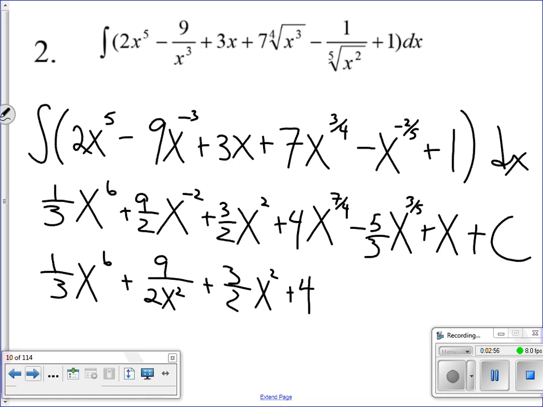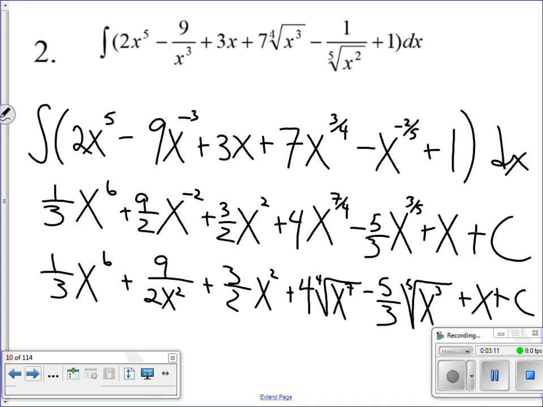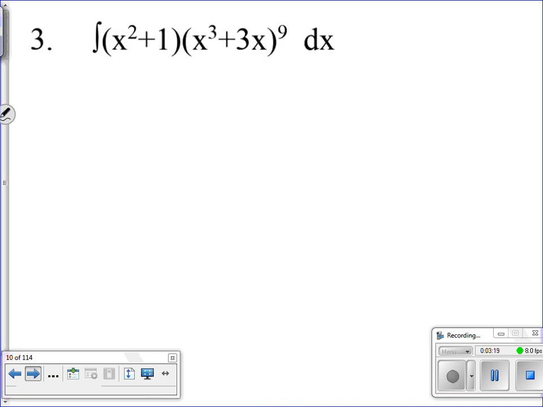It should be 4 times the 4th root of x to the 7th minus 5/3 times the 5th root of x cubed plus x plus c. But you do not have to write your answers on the test without fractional or negative exponents. They're okay to stay.